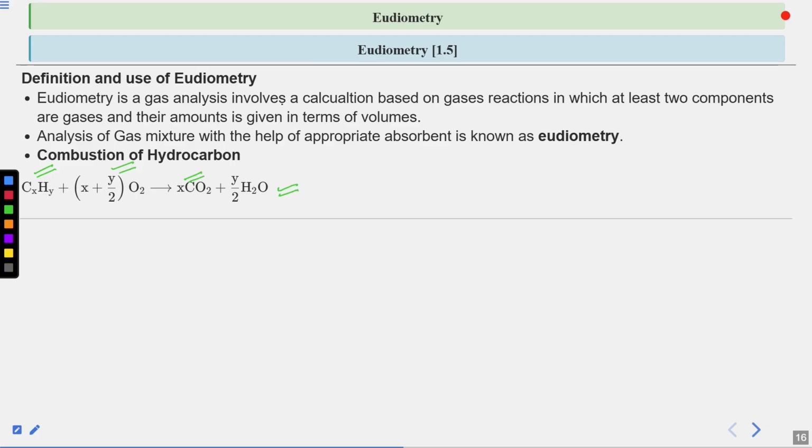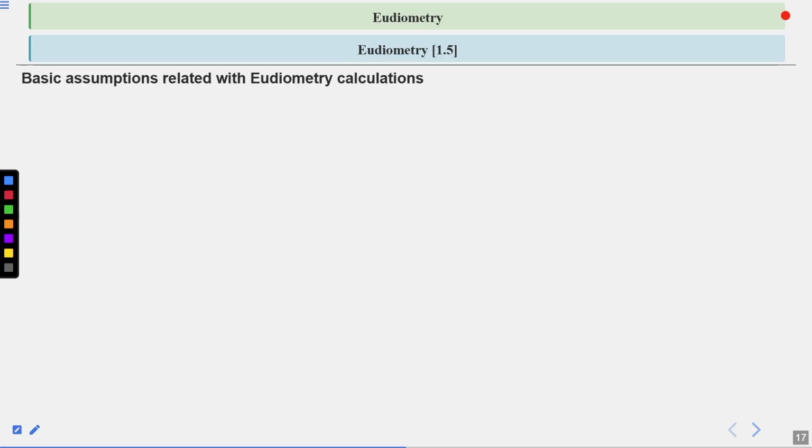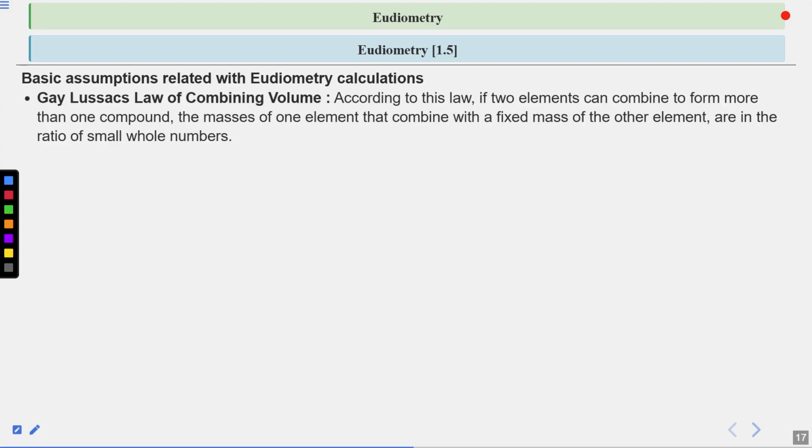Now how will we do it? To understand this, we first have to take some assumptions. Those two assumptions are Gay-Lussac's law of combining volumes, which I've already mentioned. You can just read this statement, where we say that gases combine in a fixed volume to give the product, and the ratio of these volumes is in a simple whole number way.